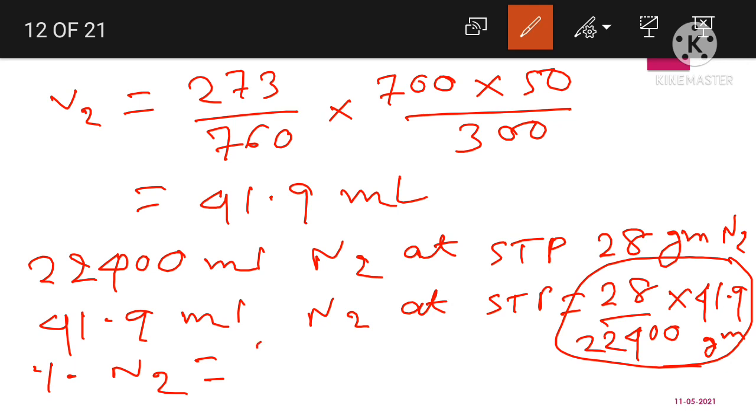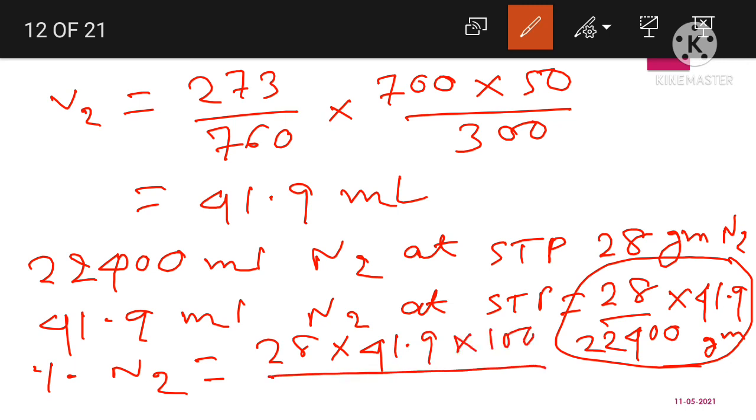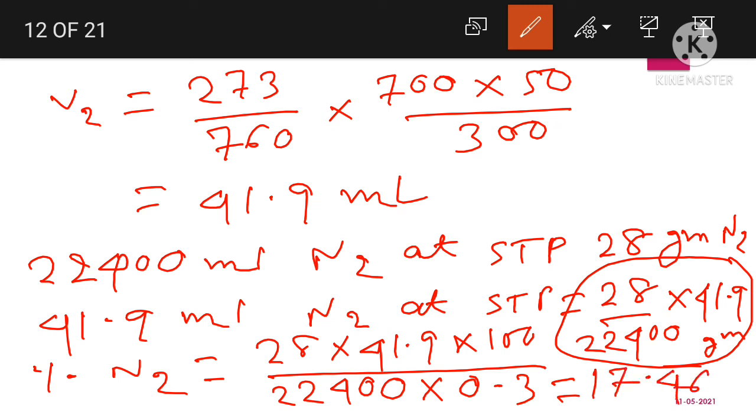So the percentage of nitrogen will be 28 into 41.9 into 100 divided by 22,400 into 0.3 gram. The answer will be 17.46%.